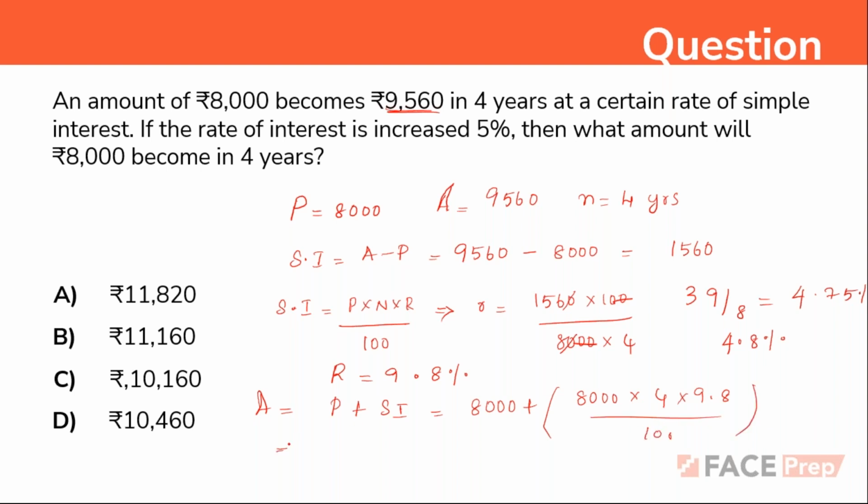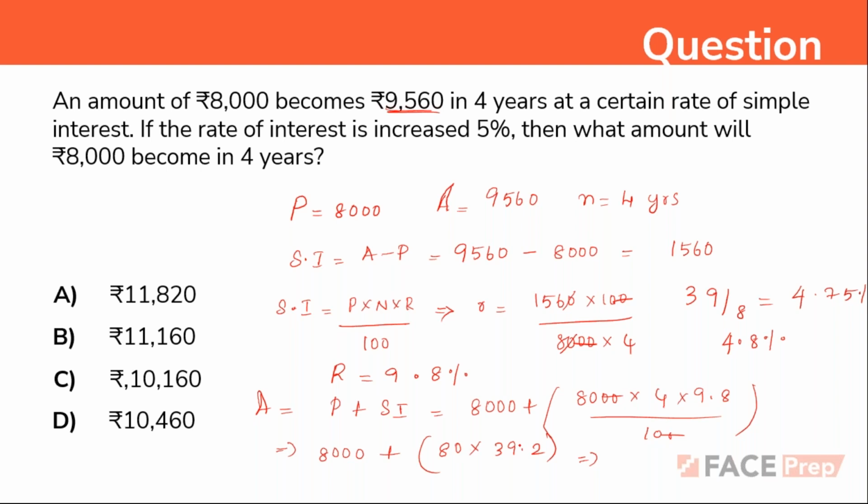Here if you solve this, we will get 8,000 plus, so this and this will get cancelled. So 80 into, 9.8 into 4, you will get around 39.2. Now this 80 into 39.2, that is 39.2 into 8.